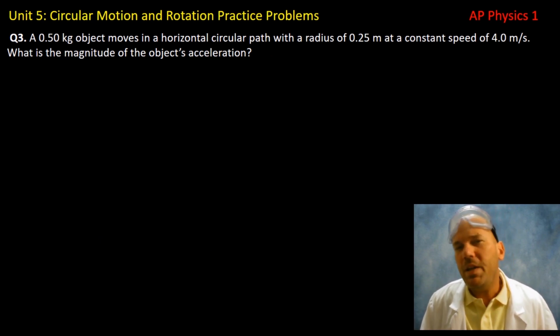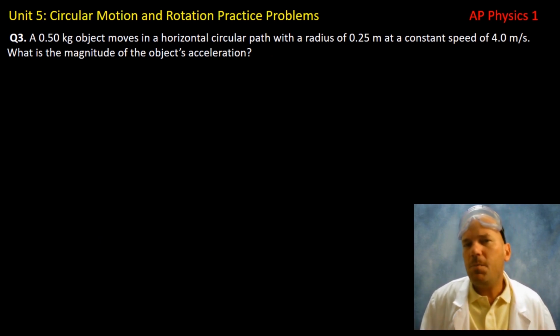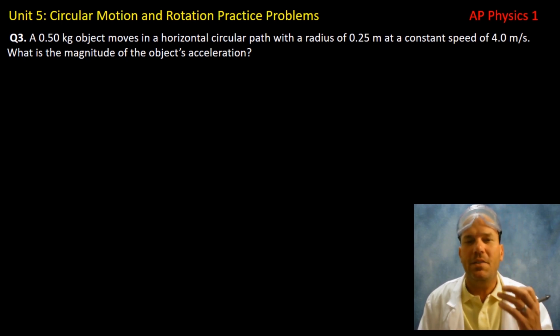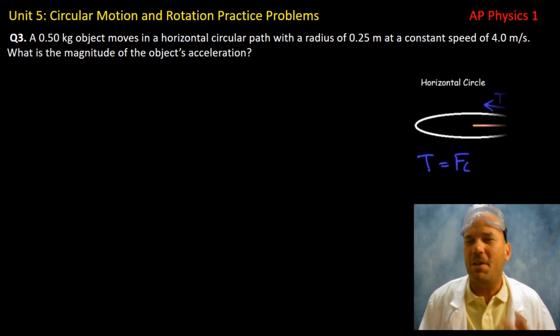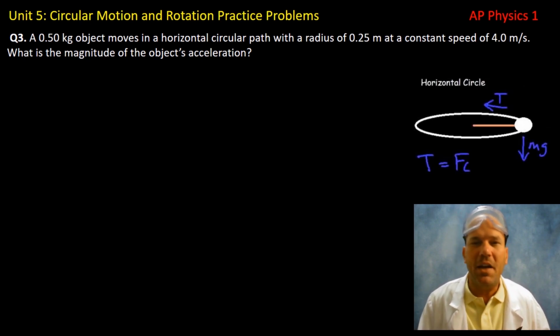In question 3, a 0.5 kilogram object moves in a horizontal circular path with a radius of 0.25 meters. Let's take a look at the schematic diagram.